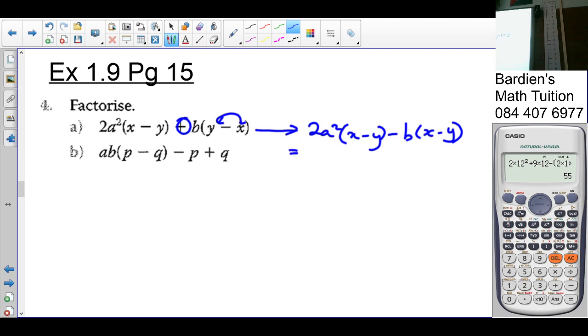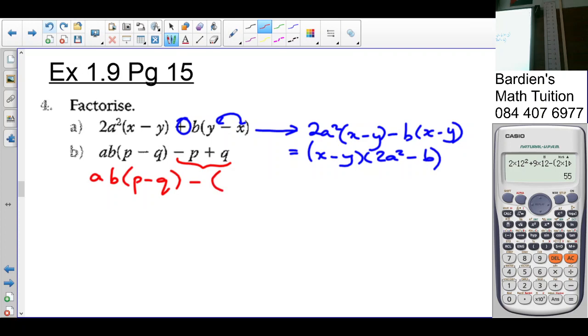So what is common now? X minus y. What are we left with? 2a squared minus b. But that wasn't the issue. The issue was this one here. You see, minus p plus q is almost something similar to that there. However, I'm going to take out the negative as a common factor. Can you see that?